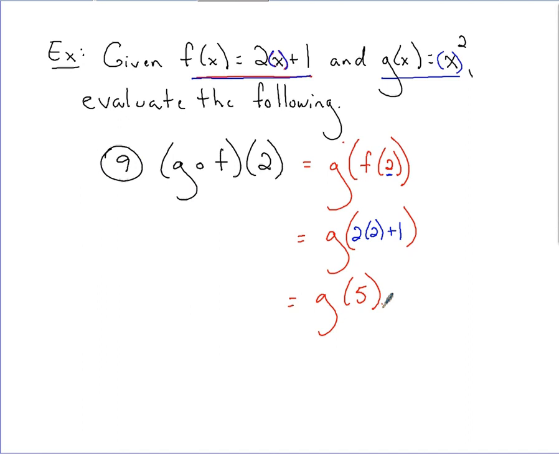We go to the function g as it's defined. It's defined as x squared. Any x's we see in that function as it's defined, we replace those x's with 5. So I see 1 x being squared. I take 5, square that. G of f of 2 is going to equal 25.